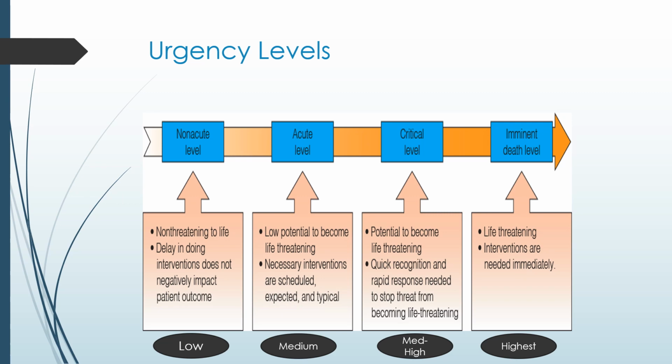Medium priority. Your next one is the critical level. The urgency level that's critical. Think about this: potential to become life-threatening. Quick recognition and rapid response are needed to stop the threat from becoming life-threatening.